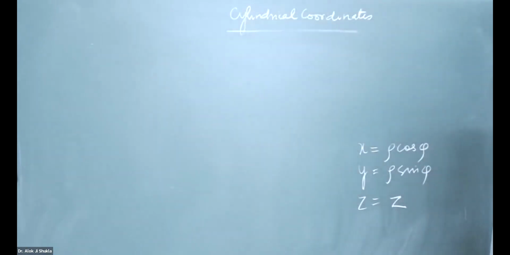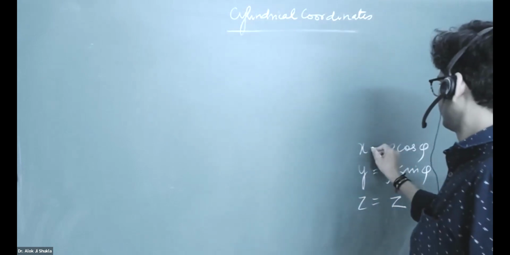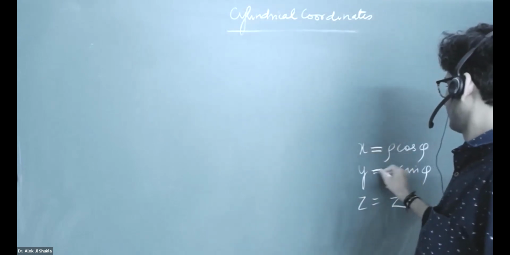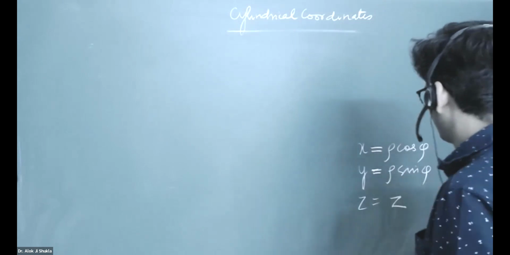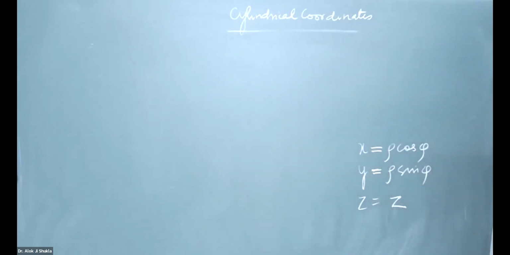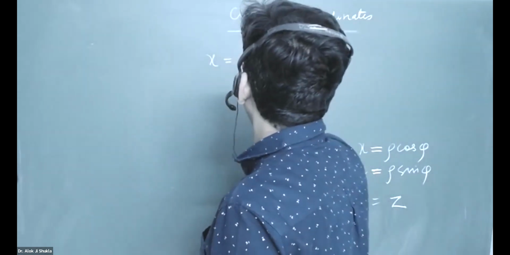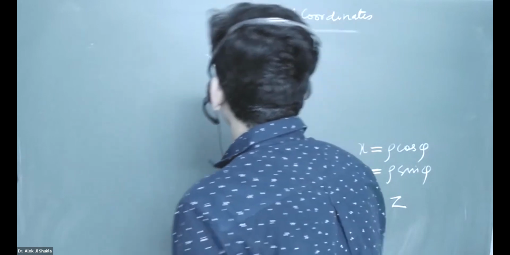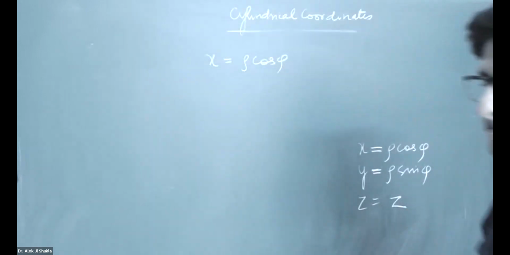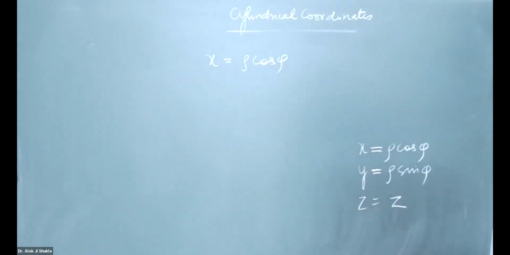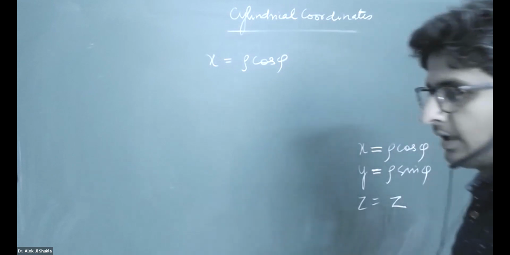We want unit vectors now. So your x is related to rho cos of phi. Okay? And I want a unit vector.